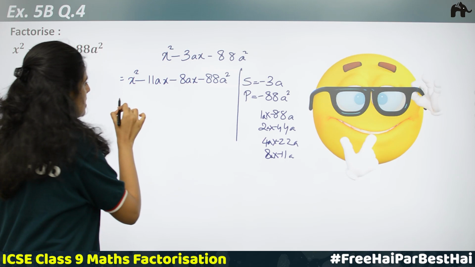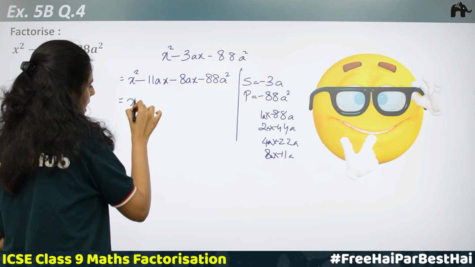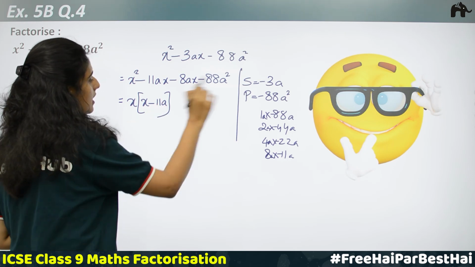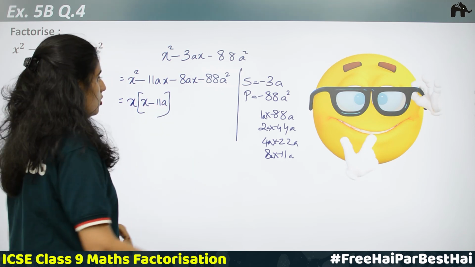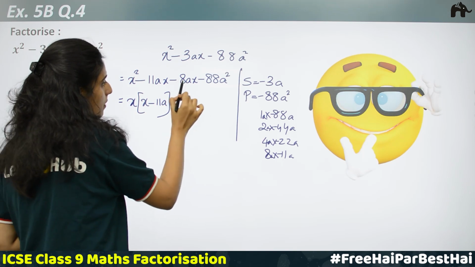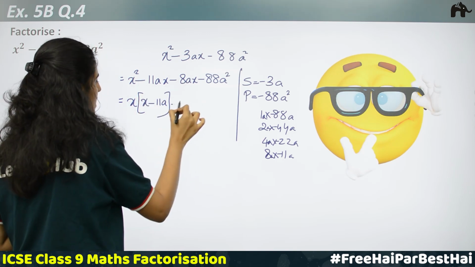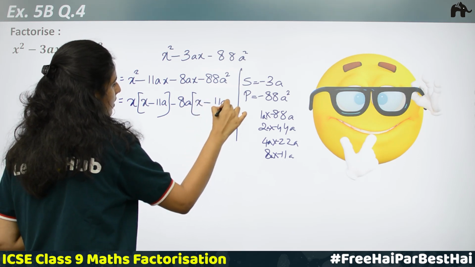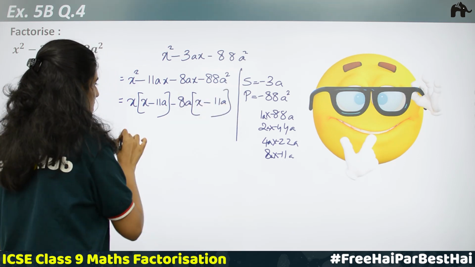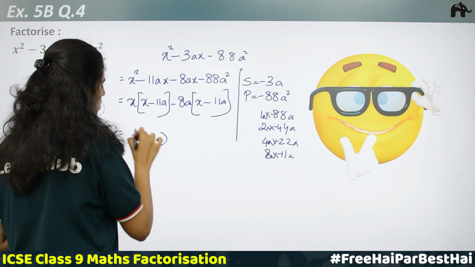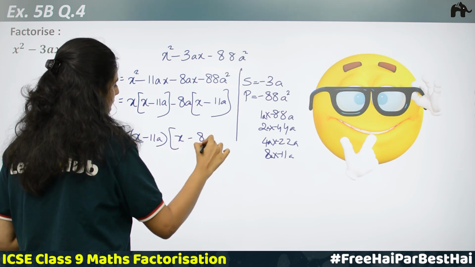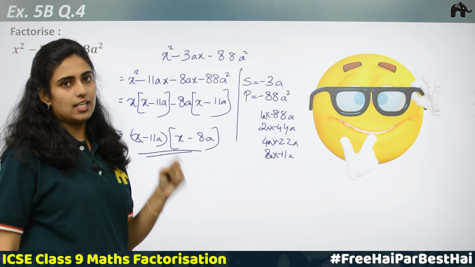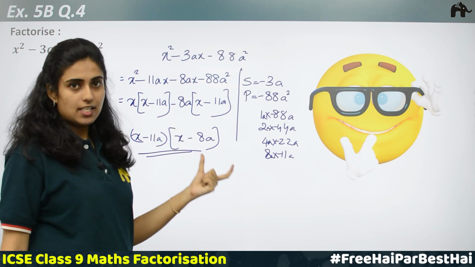This is equal to, taking out common, x is common, remaining x minus 11a. Here what is common? You can see a is common and 8 is common. So 8a can be taken out, remaining x minus 11a. Now x minus 11a is common, taking out, remaining x plus 8a. So x minus 11a into x plus 8a. x minus 11a and x plus 8a are the factors.